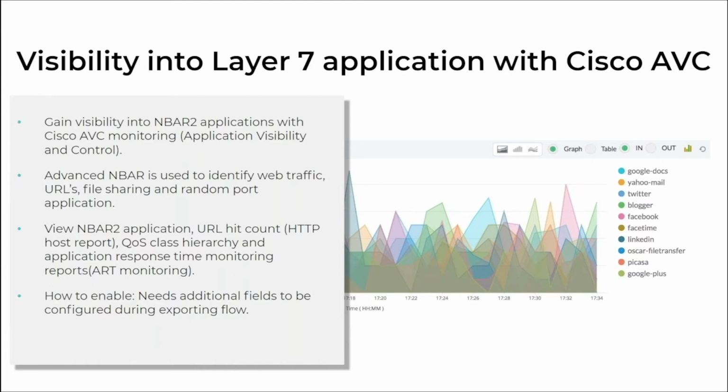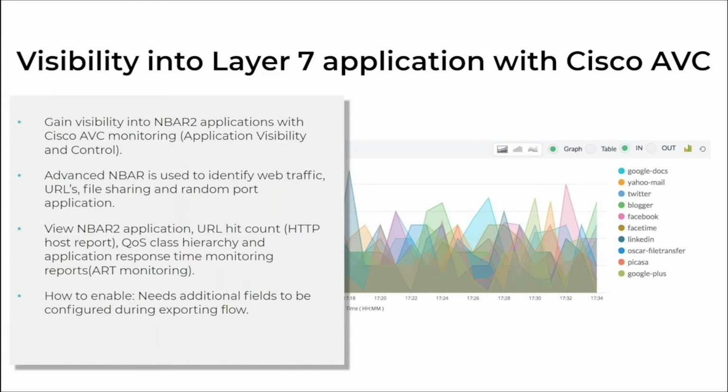You see the domains, which domains were used the most. You can also see the QoS class hierarchy and the application response time to see what the connections were, any retransmissions, all of that. As I said, in order to enable it, you don't need to do much. Just make sure that you configure flexible flow on that device, and we can pretty much work with it.